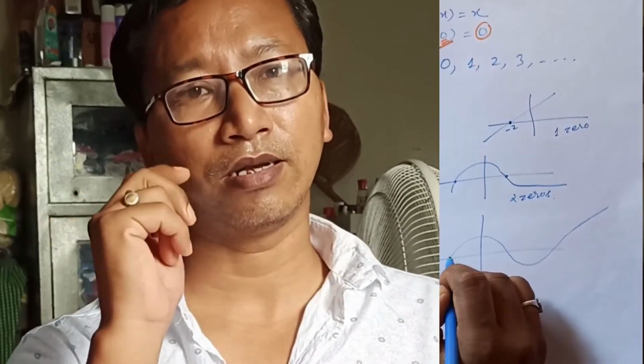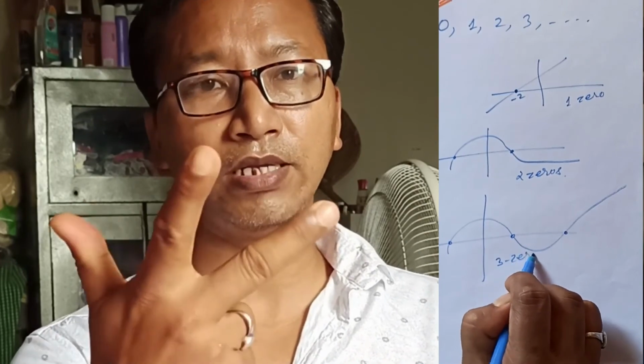If the polynomial is quadratic or cubic or any other powers or exponent, that will represent a curve, and a curve may intersect the x-axis at more than one point. If the curve intersects x-axis at 2 different points, then there will be 2 zeros. If the curve intersects the x-axis at 3 different points, then there will be 3 zeros.